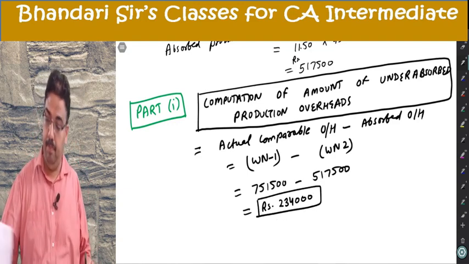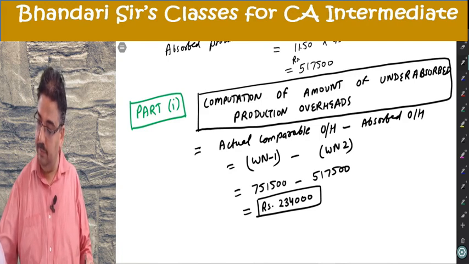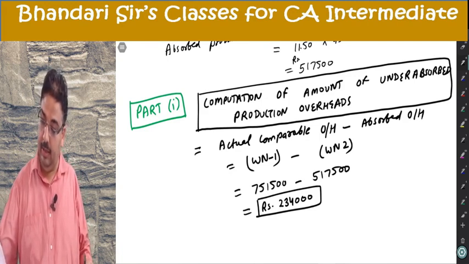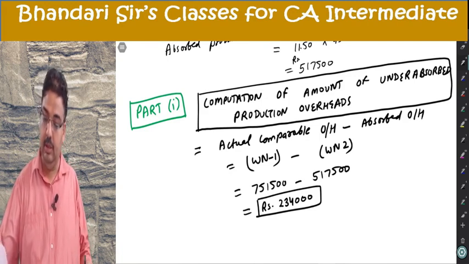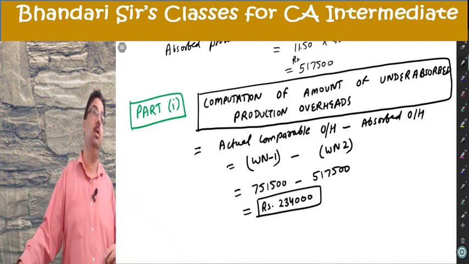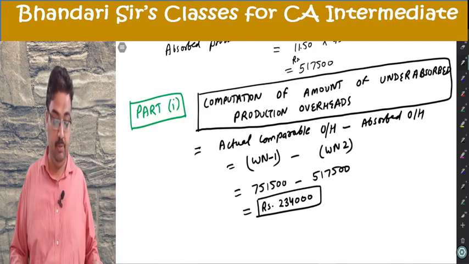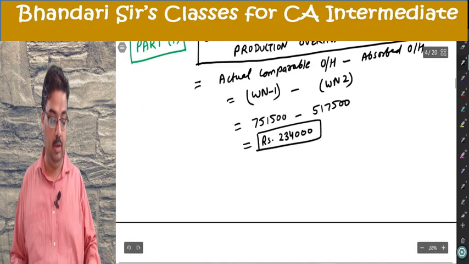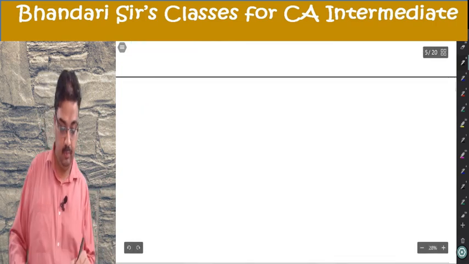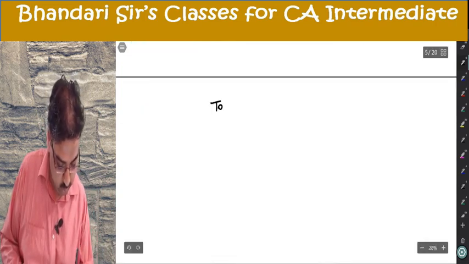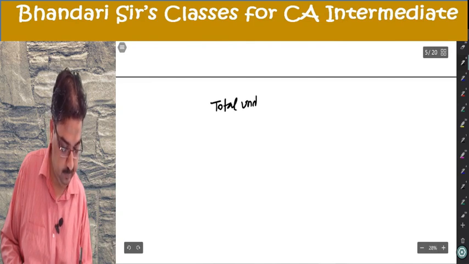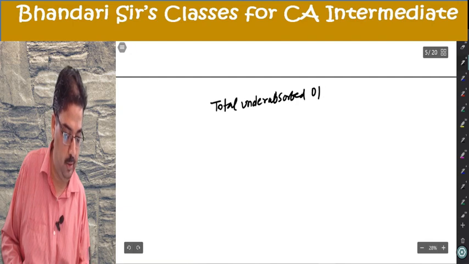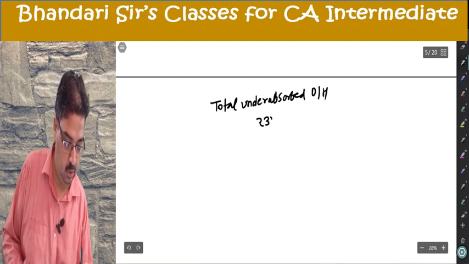Now, part 2 is wanting ways of treating it in cost accounts, and he's also talking about the further treatments which are there. Part 2 and 3 I am doing together. Total under absorbed overhead 2,34,000.